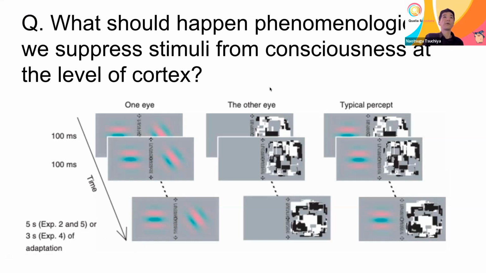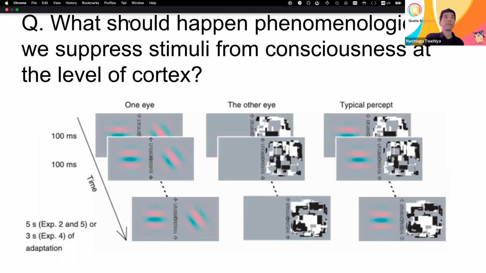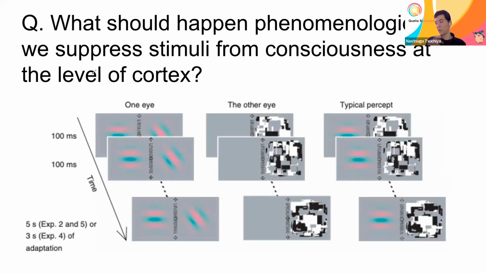Let me go one by one. This may be a bit complicated, so you should ask questions if it's not clear, okay? This is the visual illusion that I discovered when I was a grad student, called continuous flash suppression. And some of the tutorial paper presentations use this illusion. Here we show input to one eye.